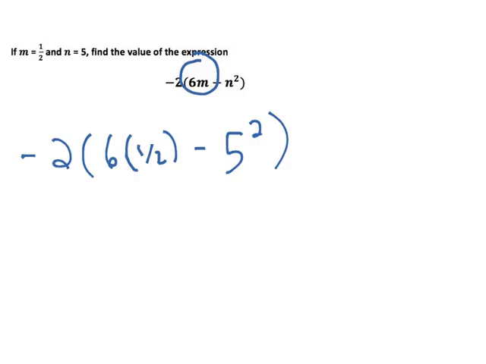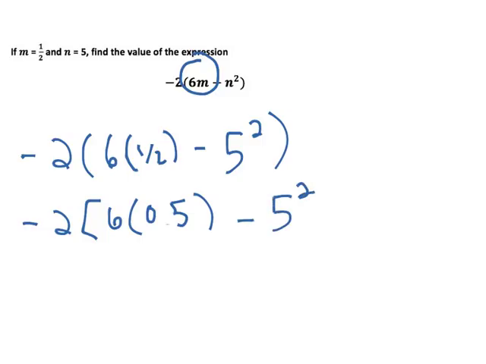Okay, and we're just going to go ahead and turn that fraction into a decimal. So negative 2 times 6 times 0.5, that's what 1 divided by 2 is, minus 5 squared. And then we're going to remember our PEMDAS, okay? Parentheses come first, okay?